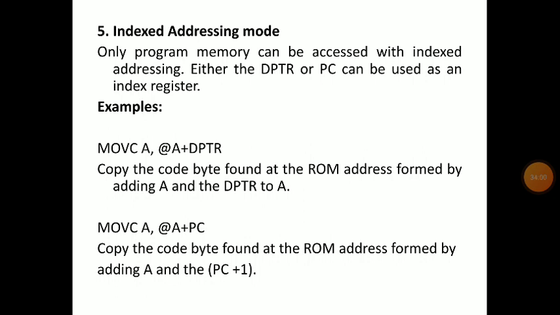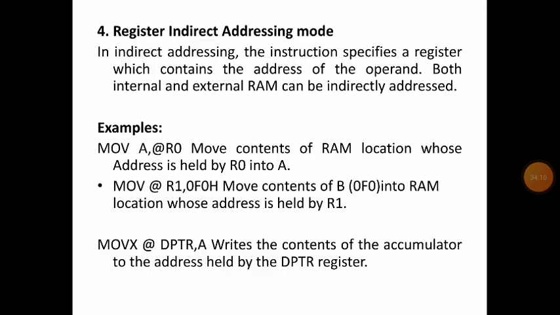The fifth point, indexed addressing mode. If you want to quickly revise the fourth, register indirect addressing mode, just go through it. In indirect addressing, if you encounter the word indirect, just remember the symbol @. For immediate, it should be the hash, that is the pound sign.